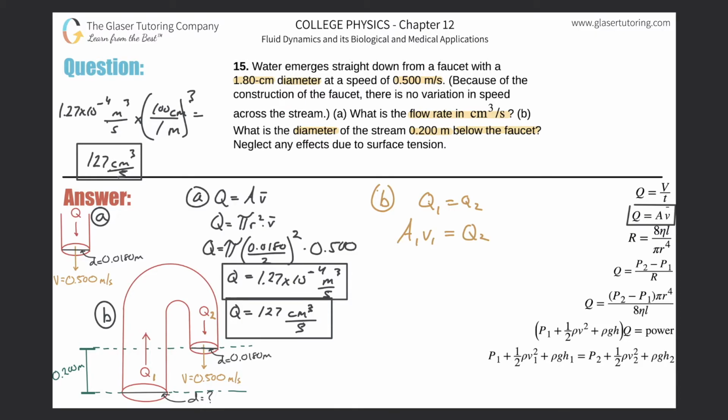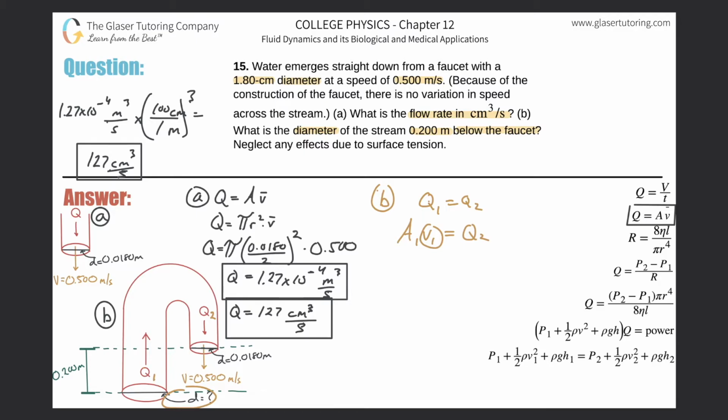Now what's the problem here? Well, the problem is this. Do you know the area? No. They're asking us to find the diameter, and it doesn't tell us anything about area. So we have no idea what this is. And do we also know the velocity in this particular section? No, we do not know the velocity of the water through this part of the pipe. It is not the same as this velocity because we're assuming that the diameter is changing.